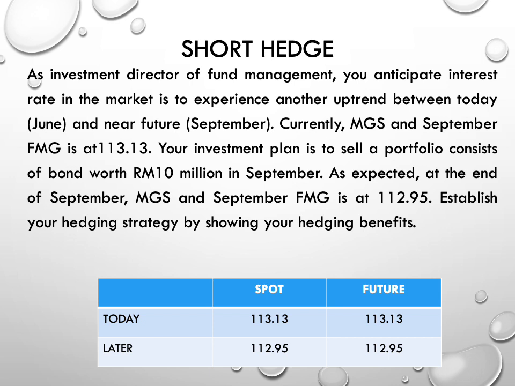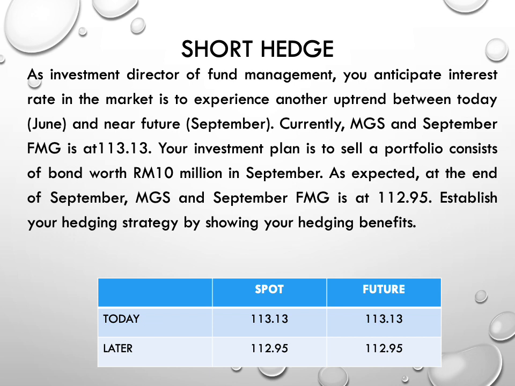So the first step to prepare a hedging strategy for this case, you must choose your hedging strategy. So how to choose your hedging strategy? The decision is based on your trading objective. So you look at your case here. It mentions you plan to sell a portfolio consisting of bonds.